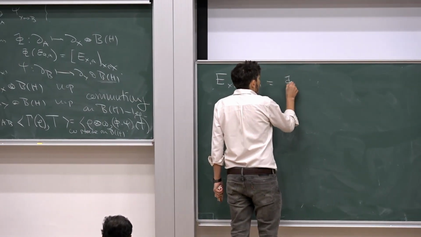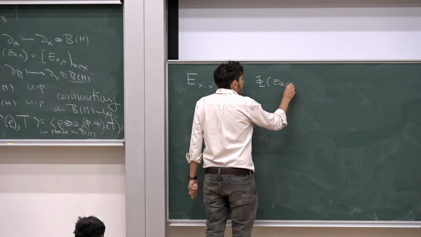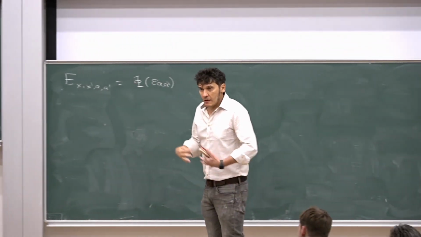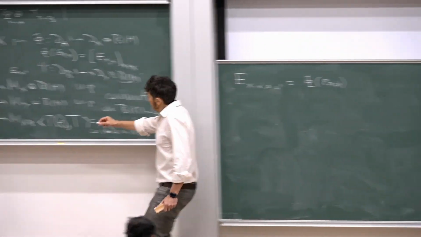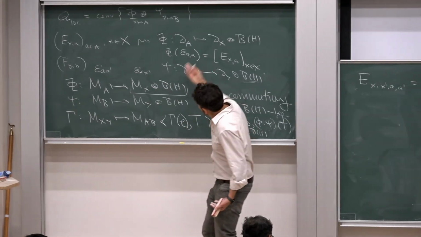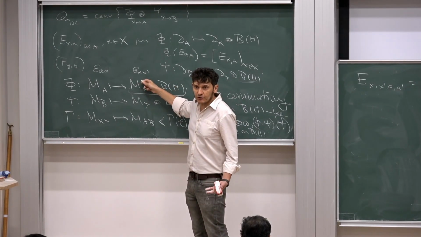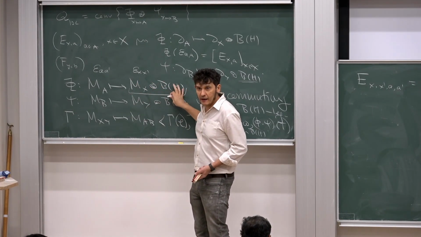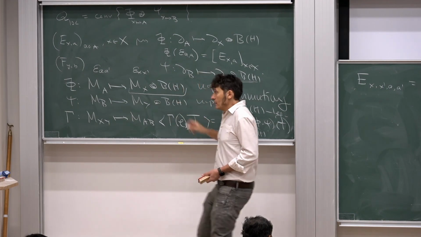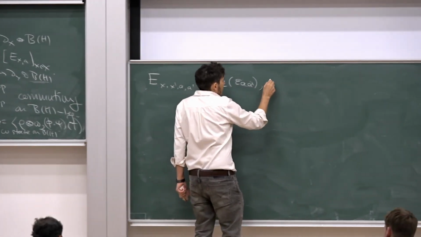So it will be phi applied to the matrix unit system epsilon_{aa'}. Now I am in this space, and I slice down, applying this as a functional, I arrive at an operator. So this will be just by slicing down. Let me write it like that.